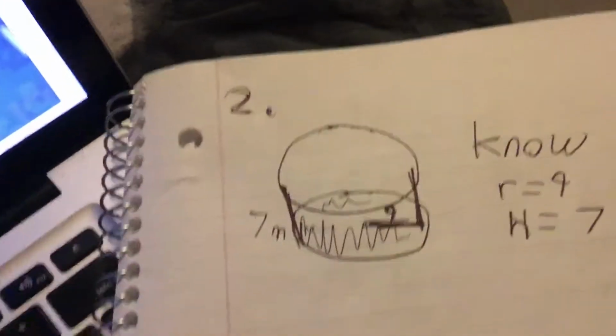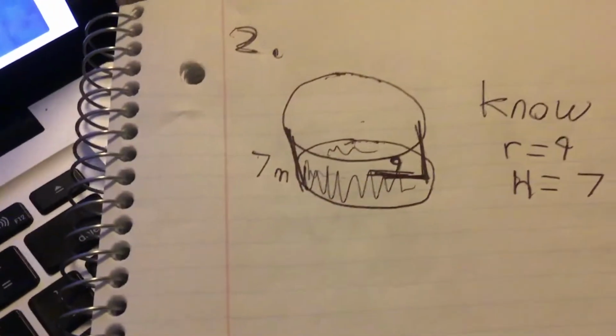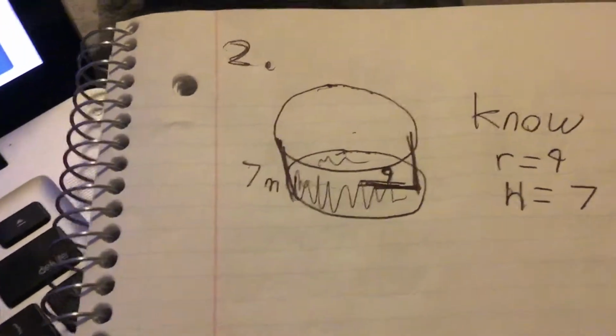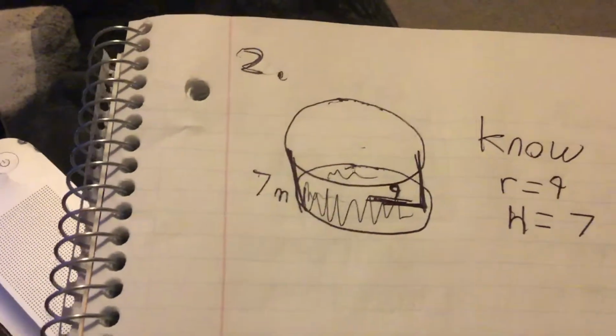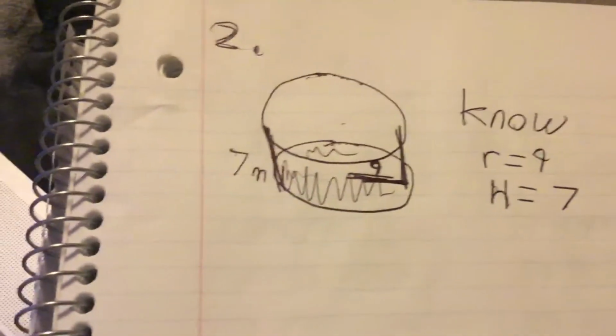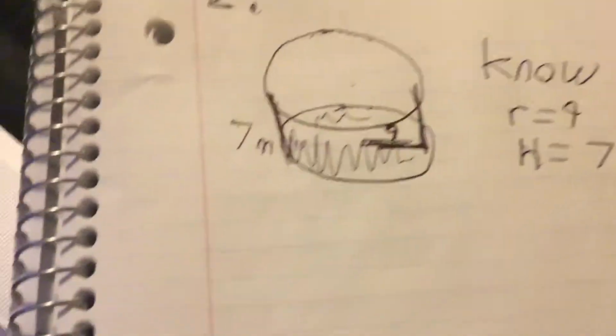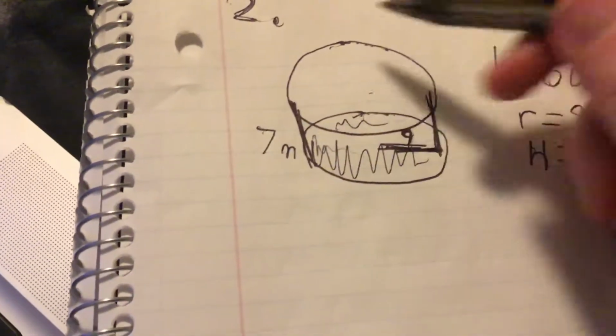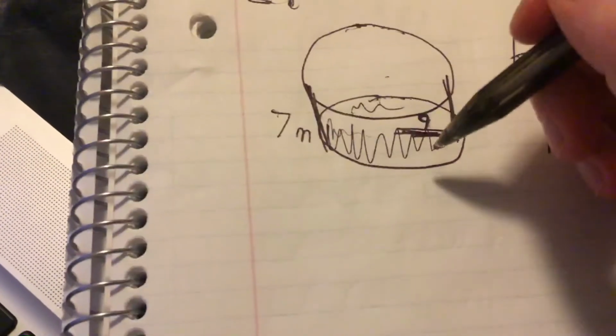Alright. So now we're going to find the lateral area and surface area for number 2. Alright, so we can see here we have 2 circles, basically making it into a 3D shape.